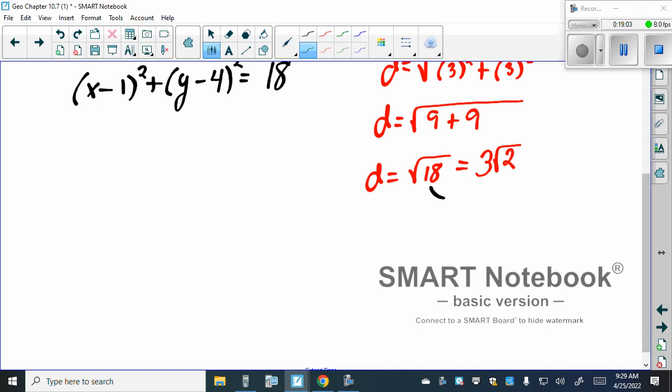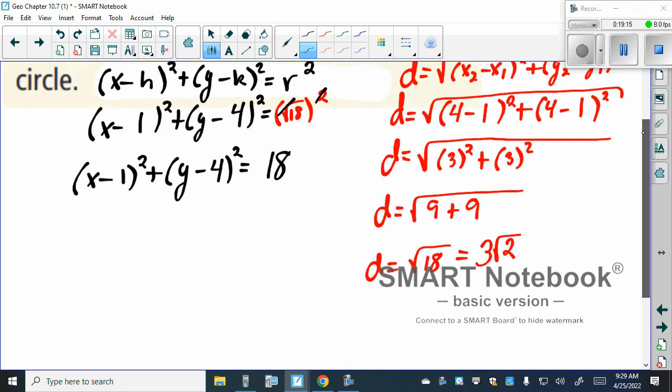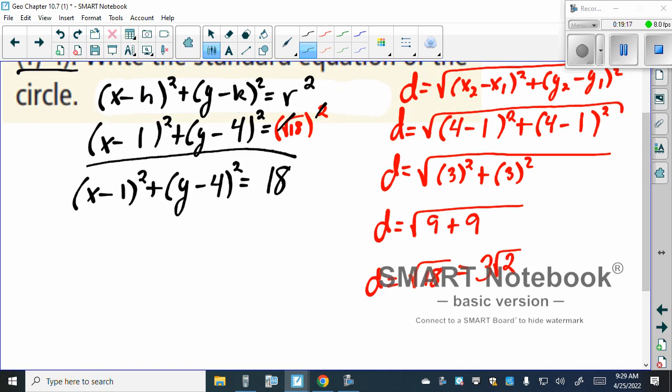Because we did what? We square rooted 18 to get 3 square root of 2. If I square it, I'm going back that way, but without the square root. Because the square root and square undo each other. So the final equation is this here. Questions on this here? Questions on anything we've done so far? Are we ready for the next one?